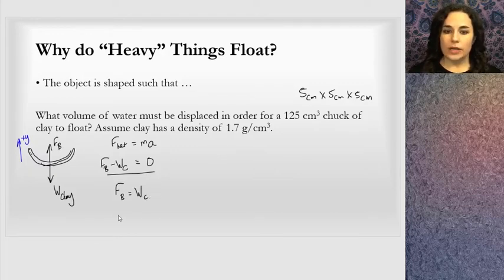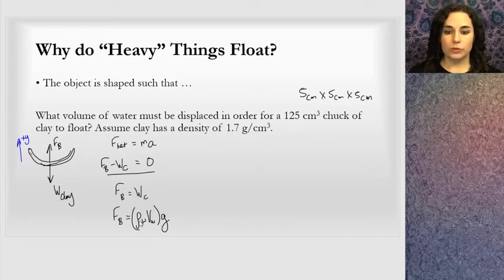Well, I can take what I know about the buoyant force. The equation on the previous slide that I showed you: the buoyant force is going to be the density of the displaced fluid, which is the water in this case, right? Times the volume of the water, so that gives us the mass of the water, times g. That's the weight of the displaced fluid.